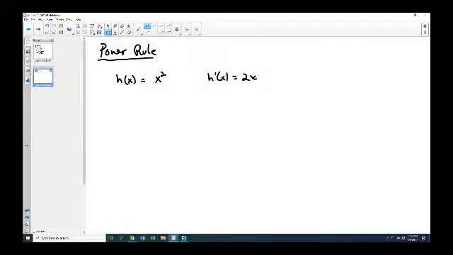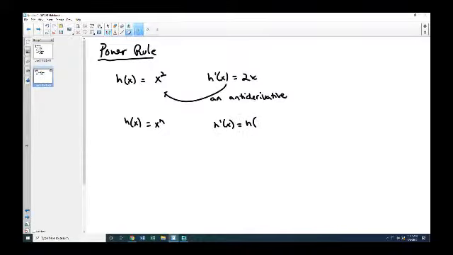An antiderivative would be x squared. So what are you doing with the power rule? Here, let's generalize this. Here, h prime of x is, you bring the n down, and subtract 1 from the exponent. Right?